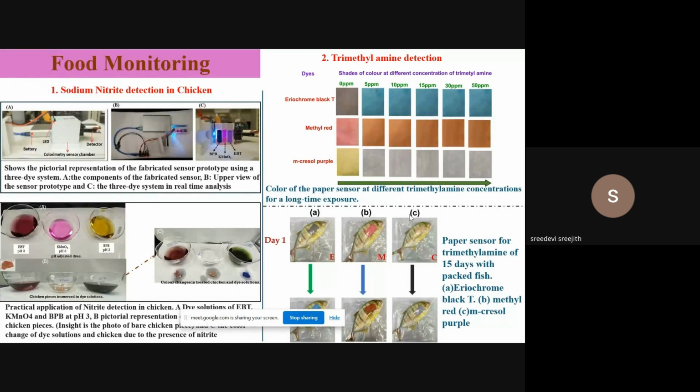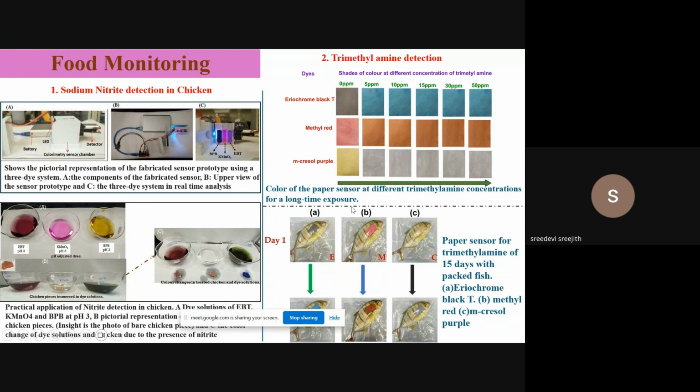Sodium nitrate is a toxic, carcinogenic compound, so if ingested by humans, it can lead to several carcinogenic diseases. This is a practical application of sodium nitrate detection. We used chicken coated with sodium nitrate and dipped it in our dye solution, and we found a color change in the presence of sodium nitrate.